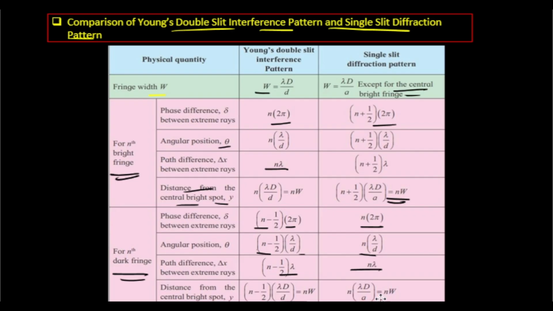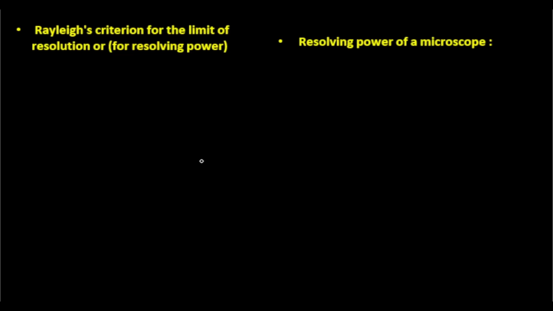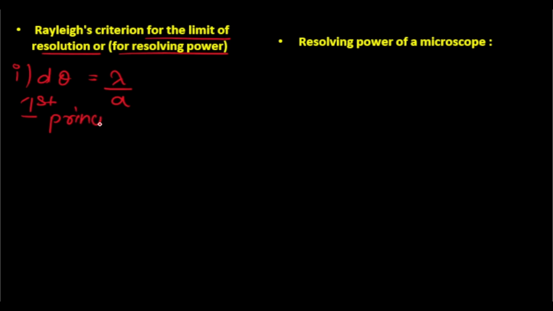Now let us go to the second part, that is Rayleigh's criterion for the limit of resolution or resolving power. First, d theta is equal to lambda by a, for the first principal minima.